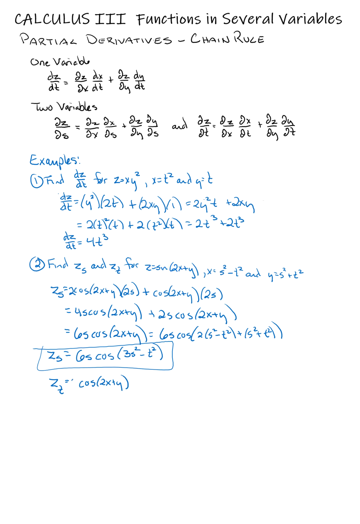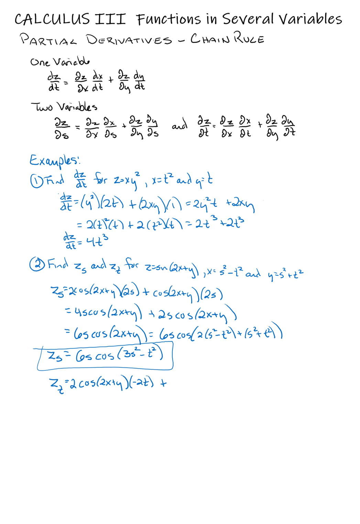So multiply by 2, I'll just put that in the front. And then we multiply that by the derivative of x now with respect to t. Our partial is with respect to t. That gives us negative 2t.